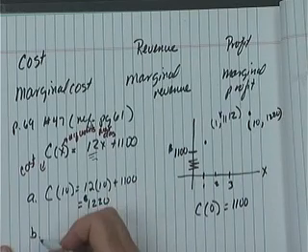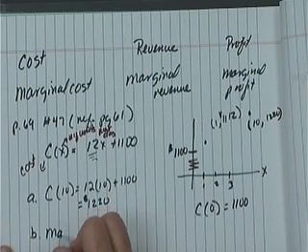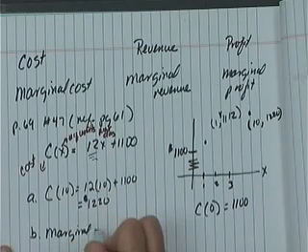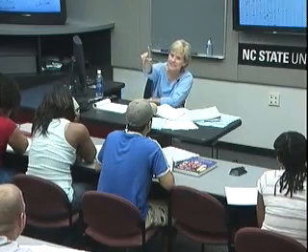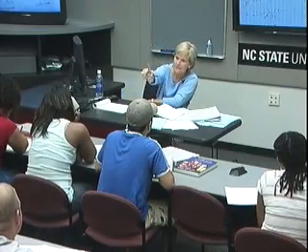All right, B. This is our new word, marginal cost. What is the marginal cost? Okay, for all you people who've had economics, impress me. What would it mean for marginal cost? Yes, that is so well said.